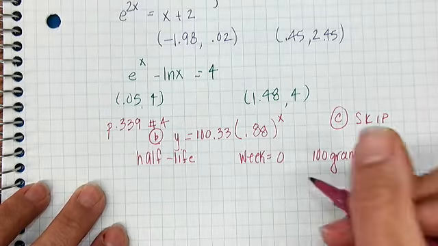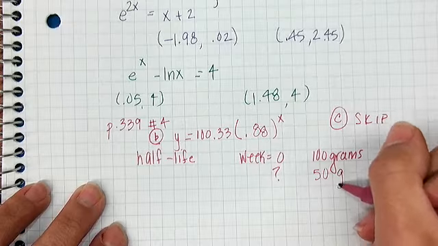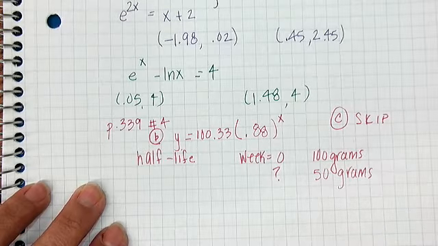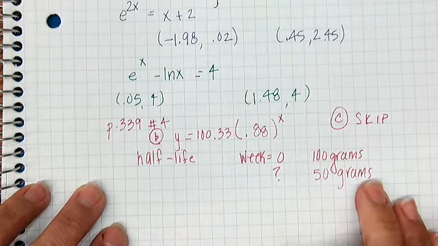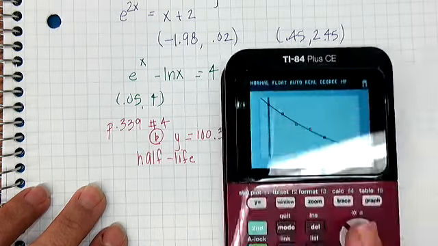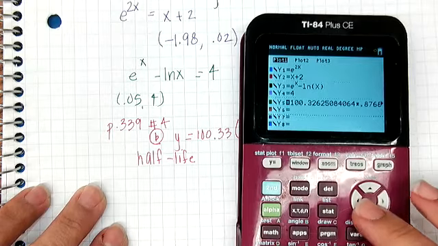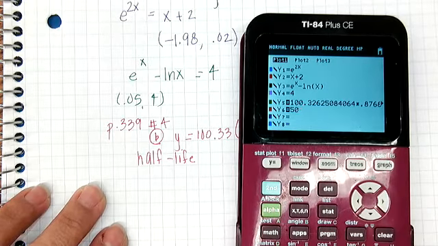So at what week, half-life, 50 grams? When will there be 50 grams? That's what half-life is, when you have half of the substance that remains. Okay, so I want to know, when is Y going to be 50?